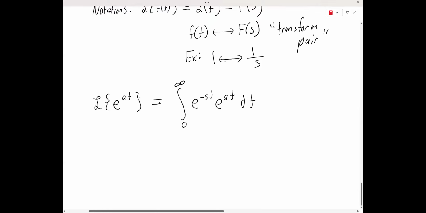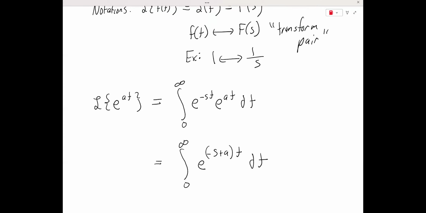So if I clean this up a little bit, it'd be the integral from 0 to infinity, and by exponent rules, that'd be e to the negative s plus a, t. That's just by properties of exponents. You could write it like that.